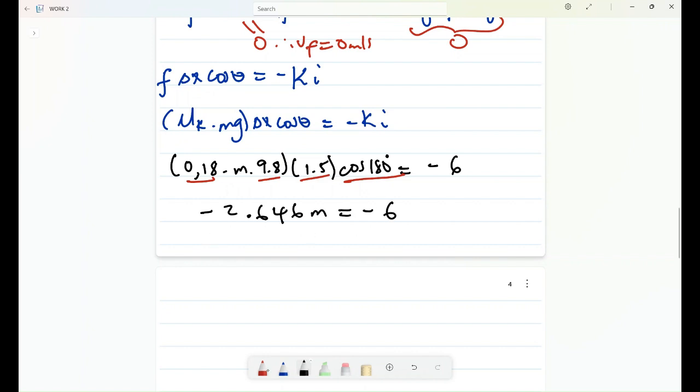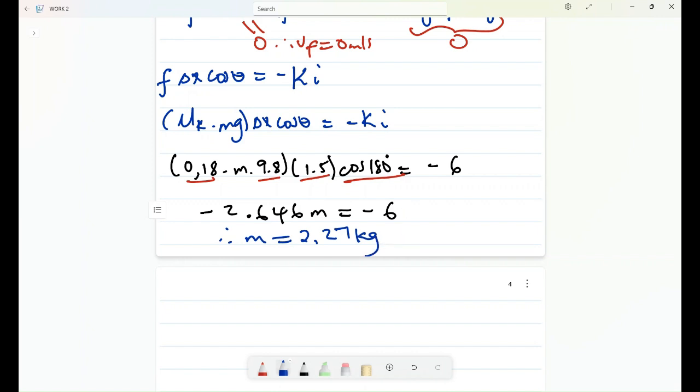I know these m's will cancel, the negatives cancel. Therefore my m is equal to 6 divided by 2.646, which gives a value of 2.267. To two decimal places, that is 2.27 kilograms.